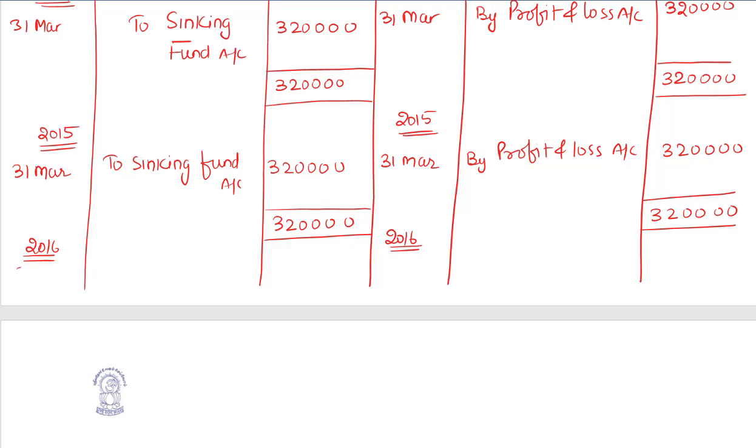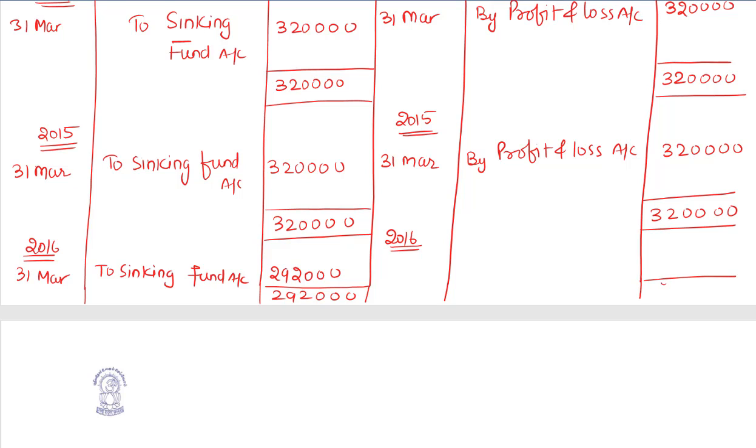Now let us do the accounting for the year 2016. In the year 2016, 31st March, to sinking fund account, 2,92,000. Let us do the totals: 2,92,000.